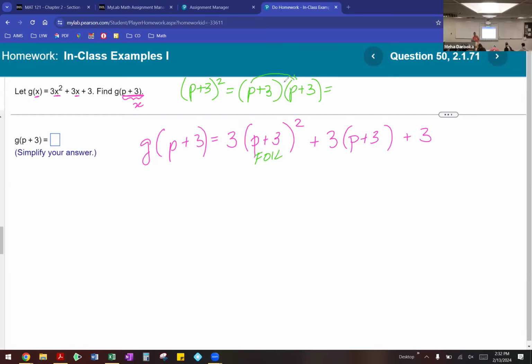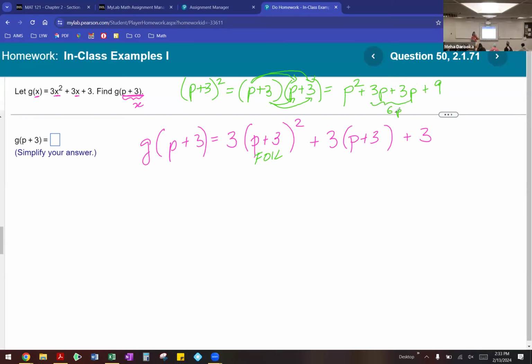FOIL, remember, first, outer, inner, last. Plus 6p plus 9. Very good. So p squared from the first, then you are doing 3p plus 3p, which will add up to 6p. And then 3 times 3 will give you 9.